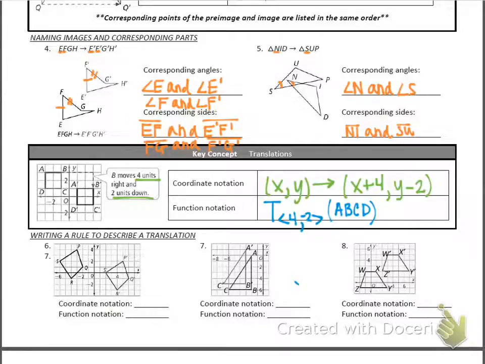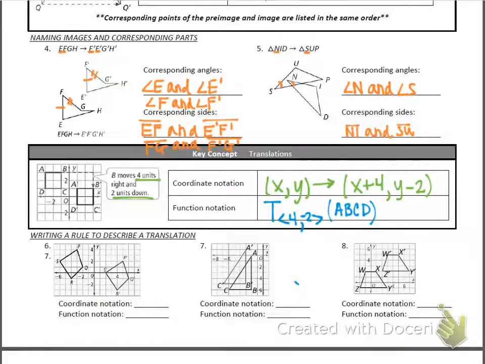So this means we translate positive 4 for the x's, negative 2 for the y's, the shape A, B, C, D. And that's the function notation. So we're going to do 3 practice problems, writing them in coordinate and function notation. Okay? So let's look at number 7.